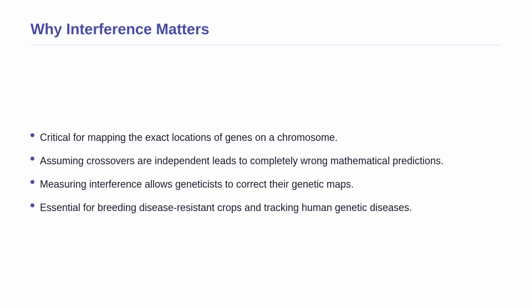By measuring interference, geneticists can correct their maps. In the real world, having highly accurate gene maps is essential for breeding disease-resistant crops or tracking genetic diseases in human families. Without it, researchers might look in the completely wrong section of a chromosome.